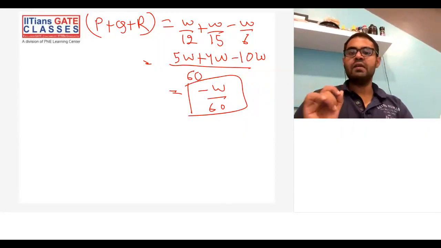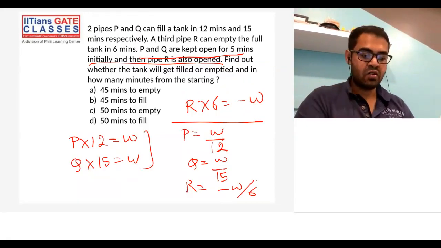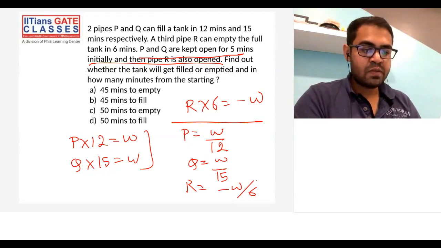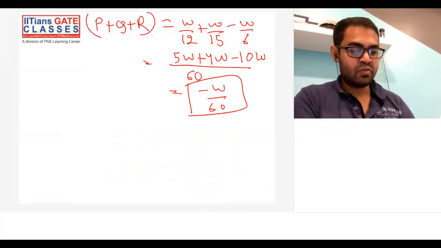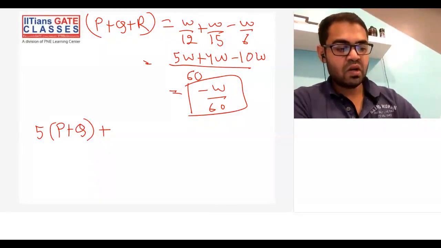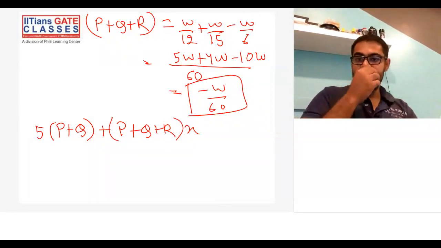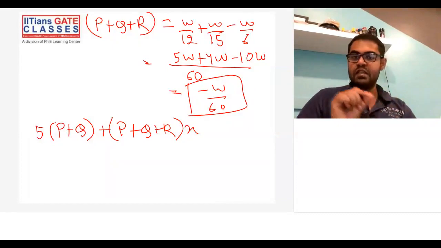So what I want to say is I'll just write this equation. Tell me if this is clear or not. For 5 minutes P and Q are open, and then R is also open. So 5 times P plus Q. Later for X minutes all three are open. First for 5 minutes P plus Q were open.